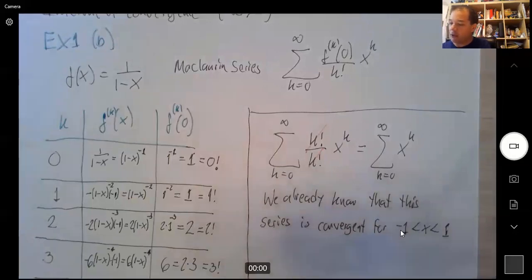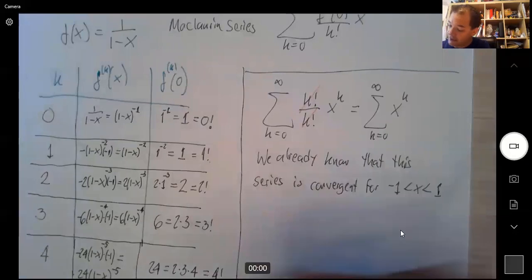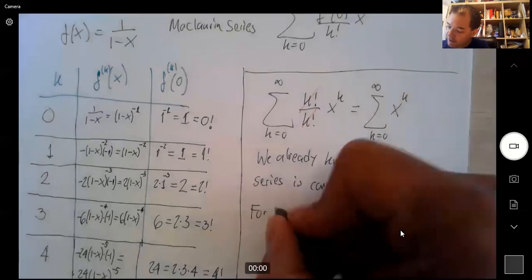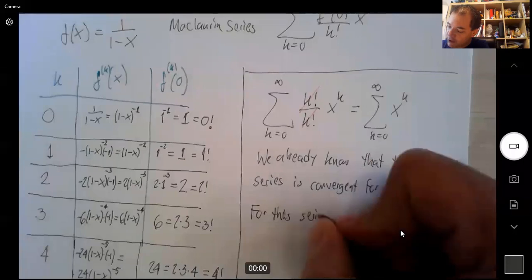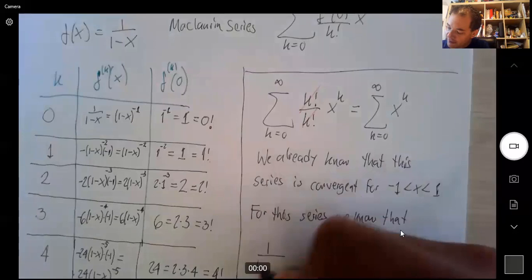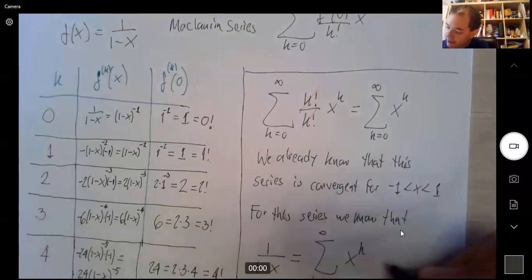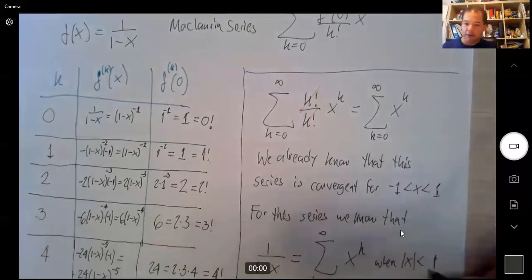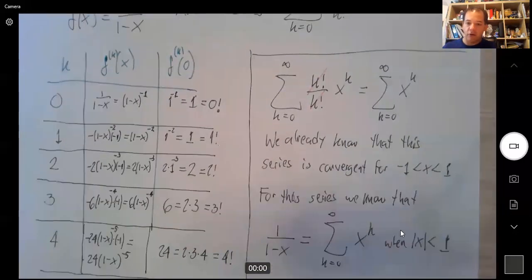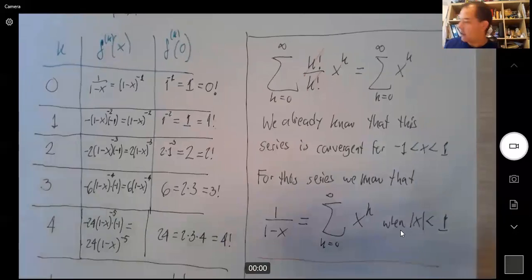And in fact, for this particular one, we know, because it's the geometric series, that 1 over 1 minus x actually equals the series when the absolute value of x is less than 1. So we're fortunate to already know this for this particular series. All right? Questions so far?